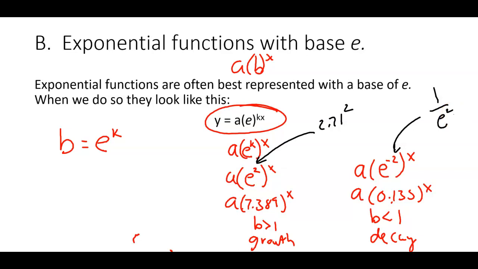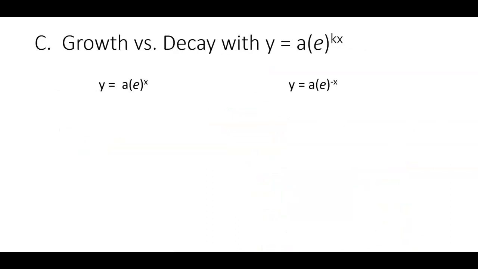So, I don't know if that helped or not, but here's the thing I want you guys to walk away from. Here we go. If you have e to the x, this is going to be growth. If you have e to the negative x, that is 1 over e to the x.